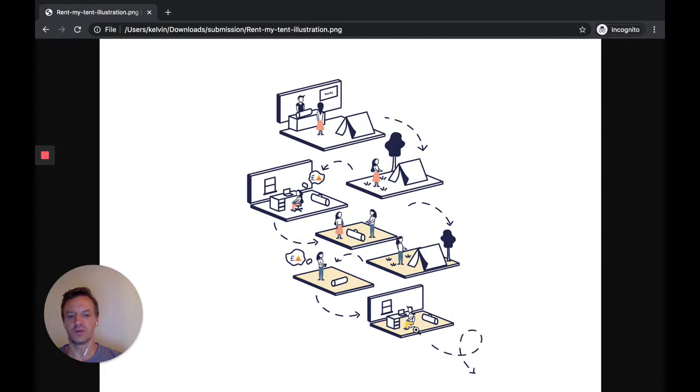Now that deposit is the incentive for that person to take good care of the tent and to ensure that the next person that wishes to hire it, that the transaction goes ahead. They make sure this happens, because obviously if they don't, they have a deposit which is essentially lost because it's locked up.